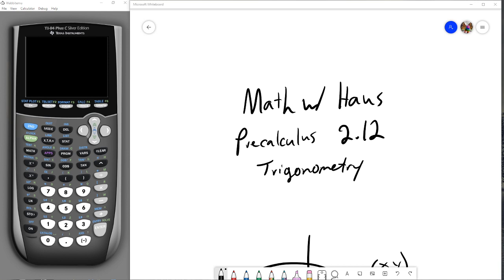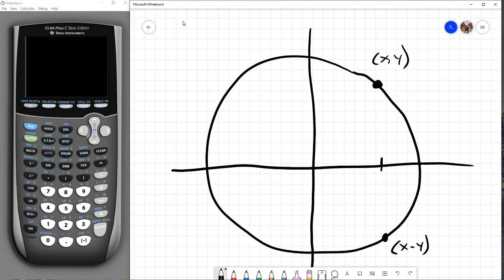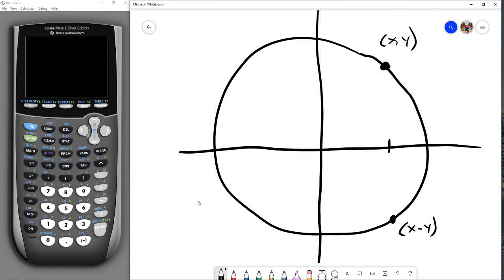So, the first thing I want to do is recall our properties about our 6 trig functions, about the positive and negative. So, we talked about our quadrants before. Quadrants 1, 2, 3, and 4.